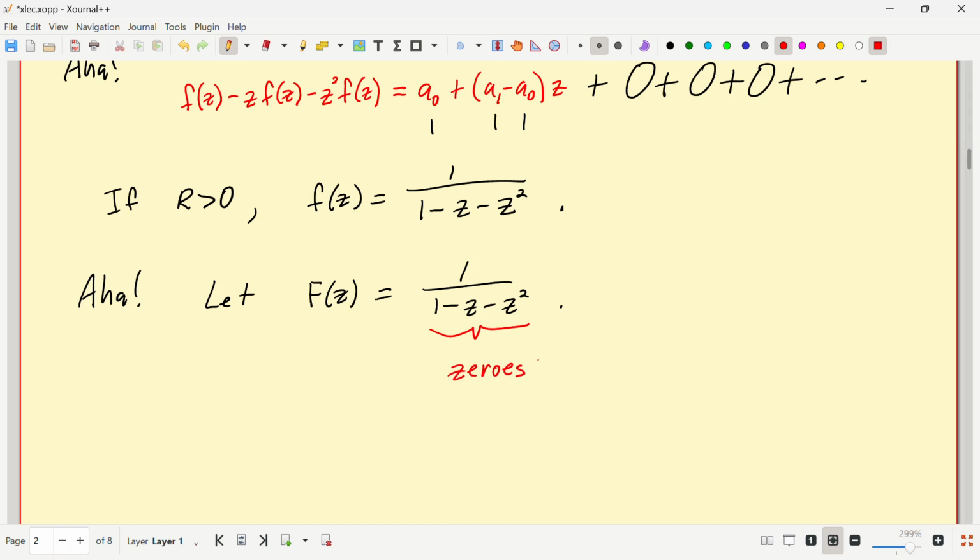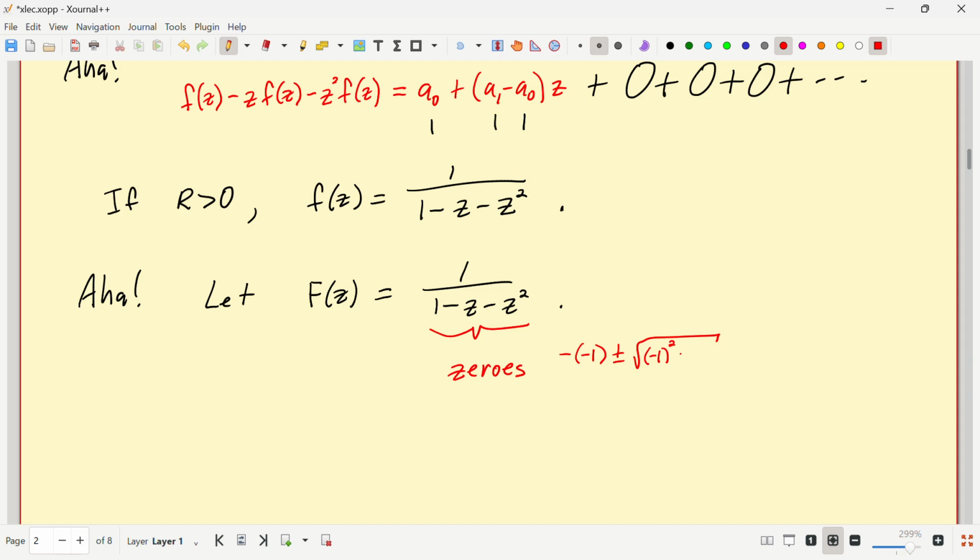The zeros are, let's see, the quadratic formula is minus b, which would be minus 1, plus or minus the square root of b squared, which would be minus 1 squared, minus 4ac. A is minus 1, c is 1.